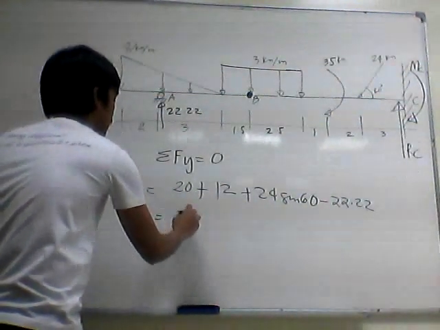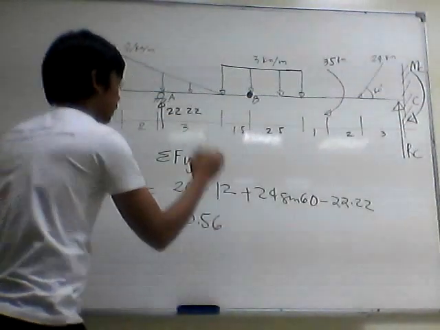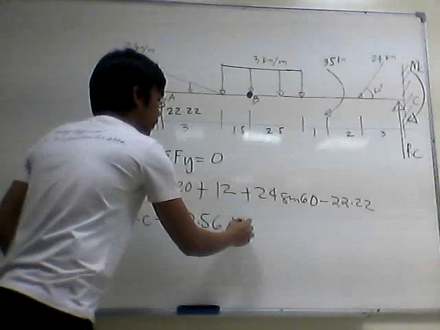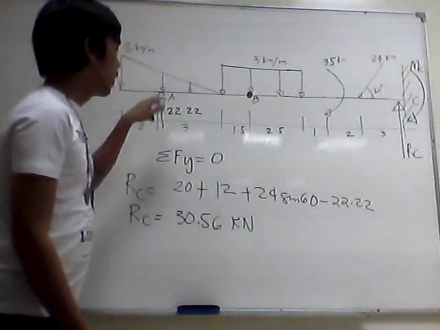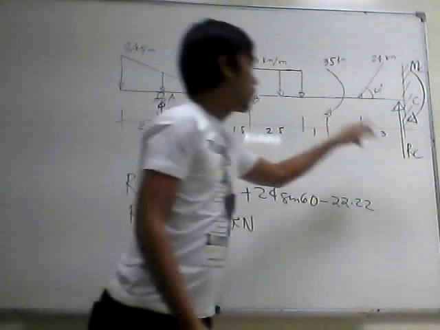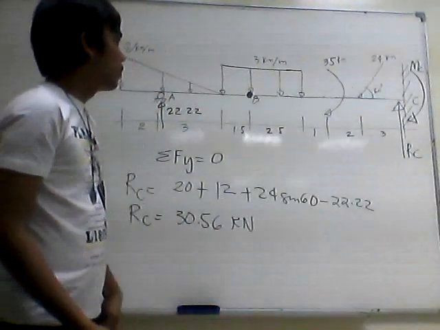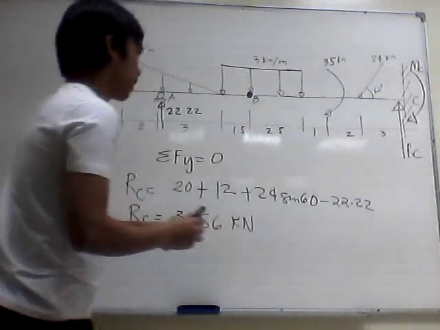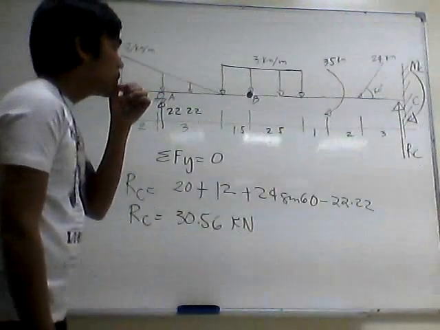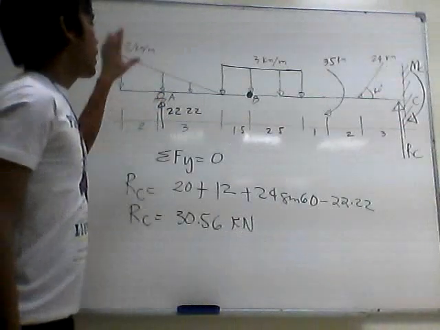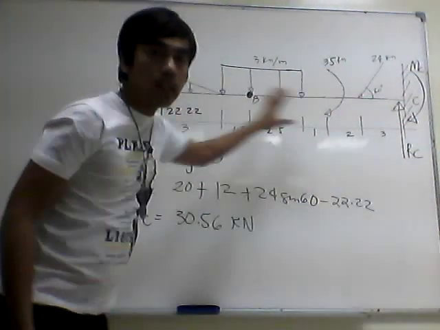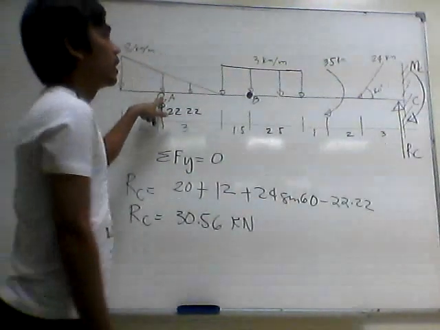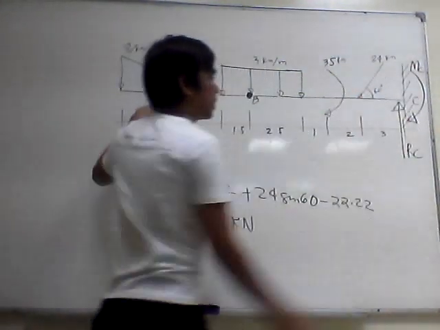So RC now is 30.56 kilonewton. We now have values for RA and RC. Next we solve for the moment at C. Our option is to use again the whole structure, taking summation of moment at A, and then we can solve for MC.